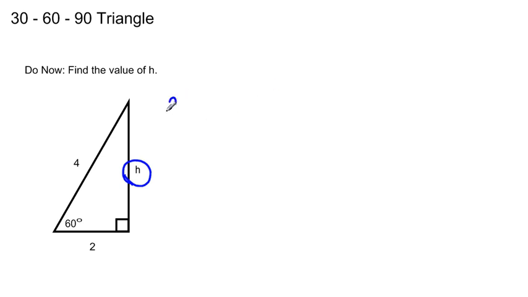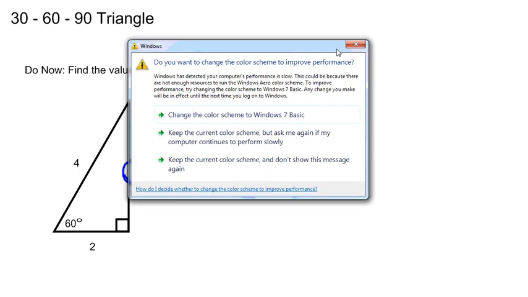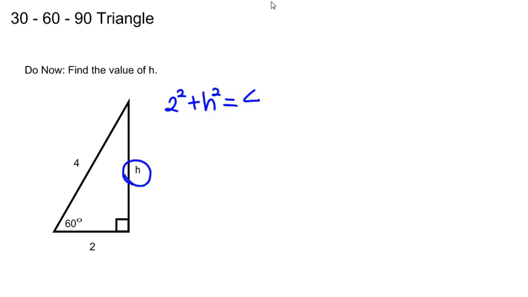Here, we have 2 squared plus h squared is equal to, since 4 is the hypotenuse, according to the Pythagorean theorem, 4 has to be by itself on the other side of the equation.